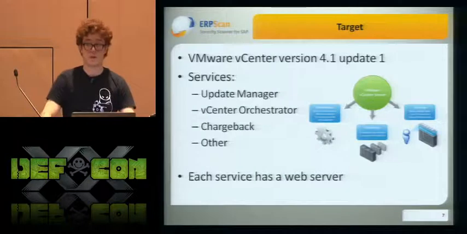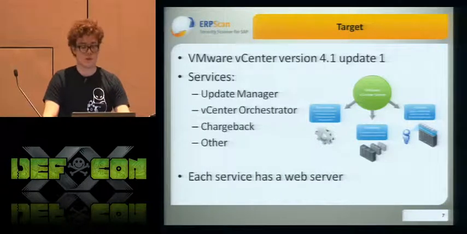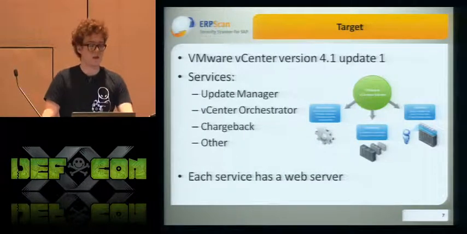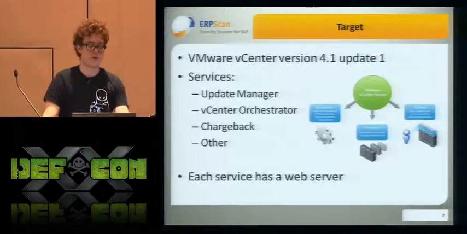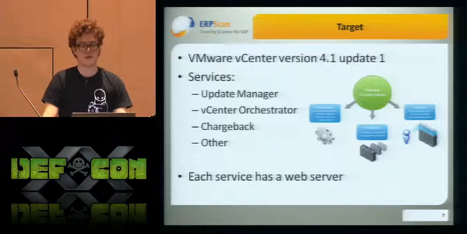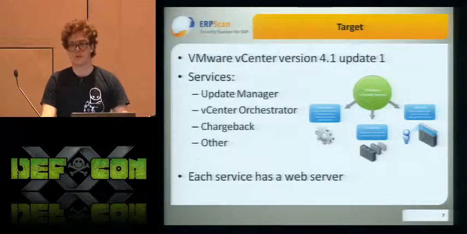So we have vCenter version 4.1 update 1. There are a lot of services on vCenter, like Update Manager, Orchestrator, Chargeback, and each service has a web server and usually uses Java technology.